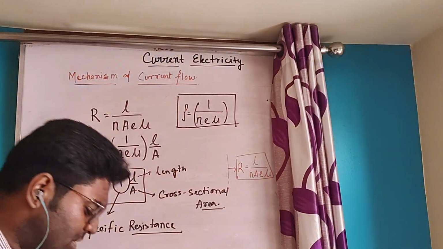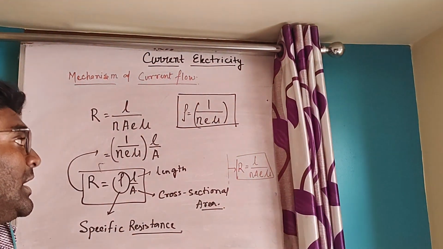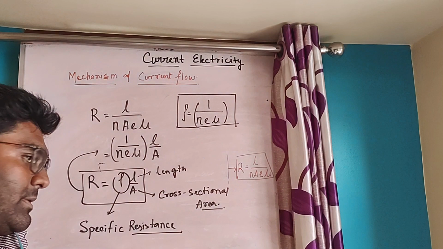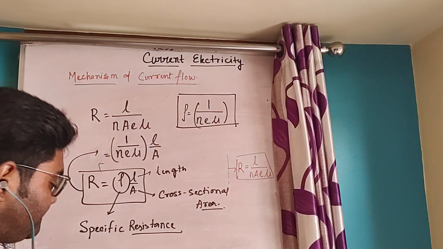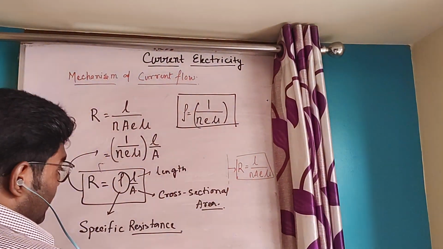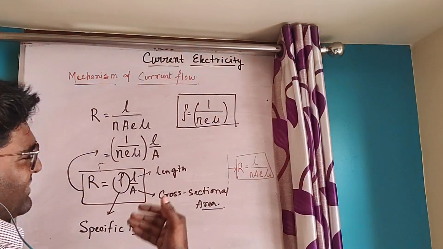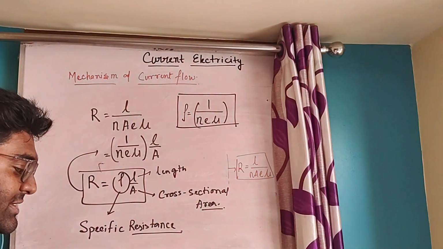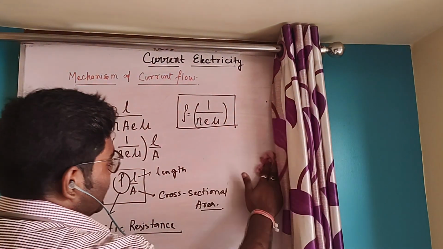But if you change the material of the conductor, that means if I shift from silver to copper, then these values will change. Again, if the number density of the electron increases, then the resistivity will decrease and the resistance will also decrease. So simple physics is behind it.